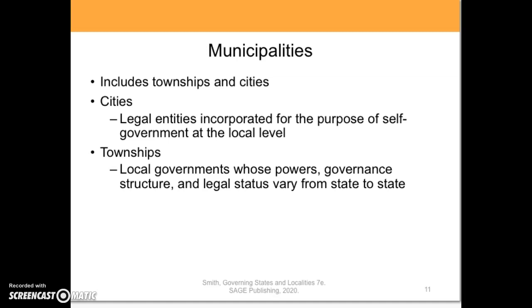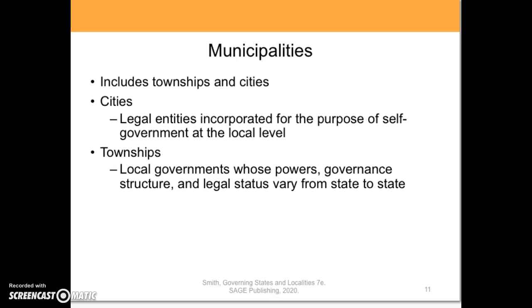Then you could have townships. Now, townships are local governments whose powers, governance structure, and legal status vary from state to state. In some states, townships function as general purpose municipalities, so they're sort of like cities. In others, they're geographical subdivisions of counties with few responsibilities and little power.